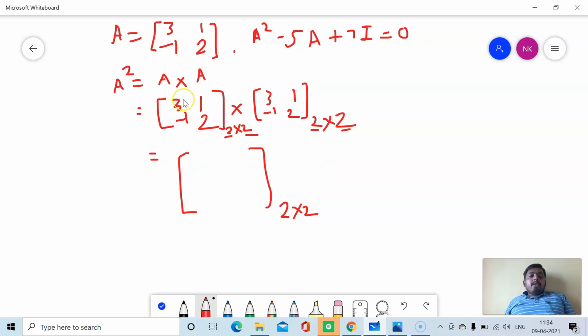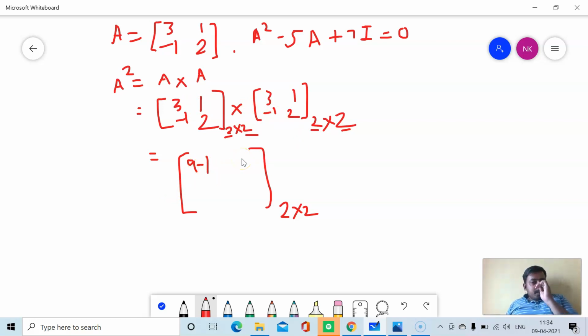So the first element will be the first row of the first matrix multiplied by the first column of the second matrix. So the first element is 3 into 3, which is 9, plus 1 into minus 1, which is minus 1.